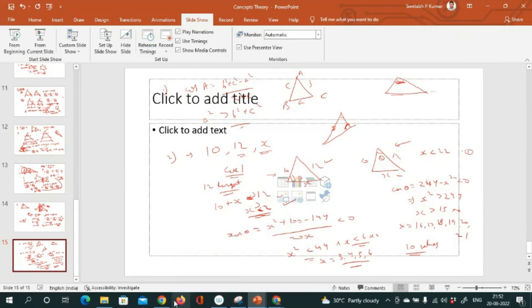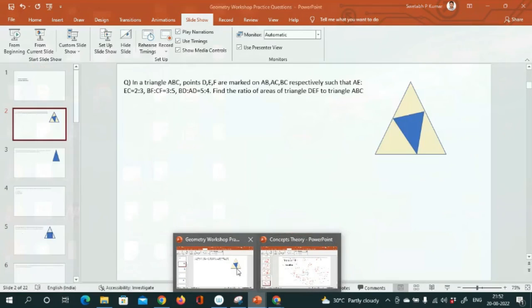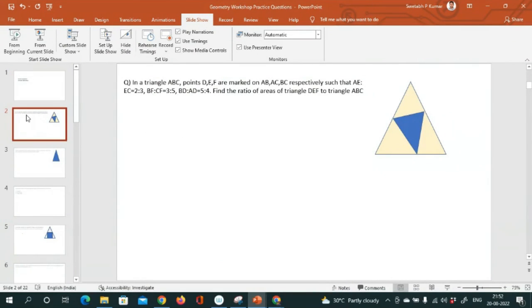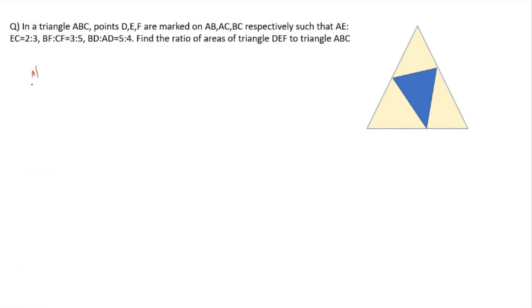So now coming to the questions. Okay, so this is the first question. In a triangle ABC, the diagram is given.